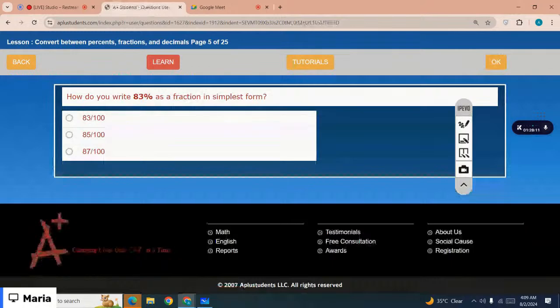Okay, how do you write 83% as a fraction in simplest form? So which is the correct option?